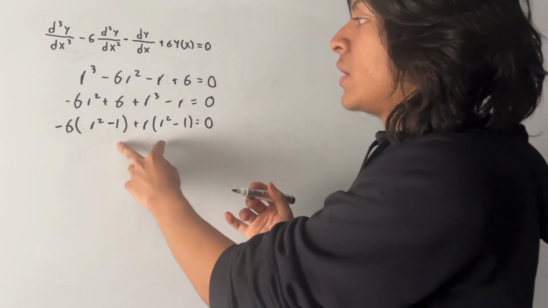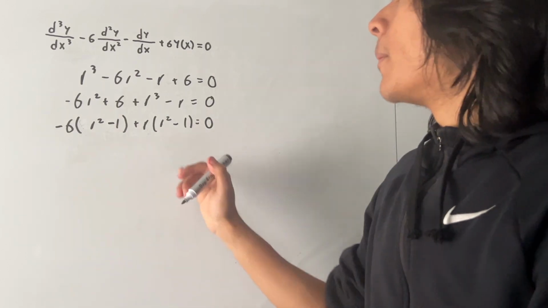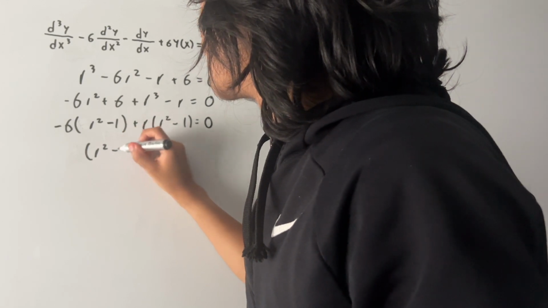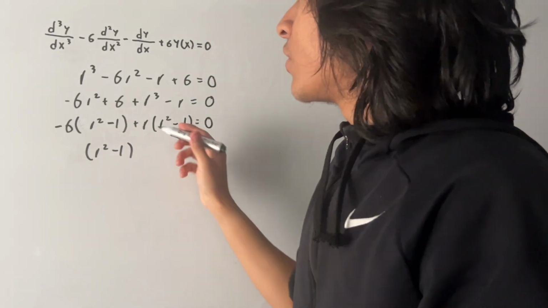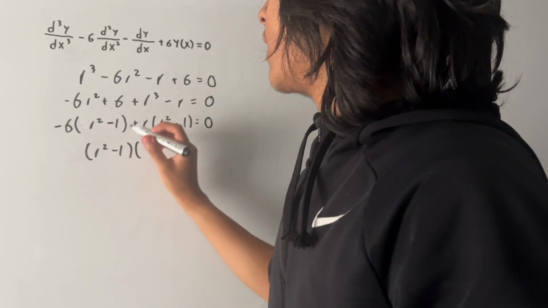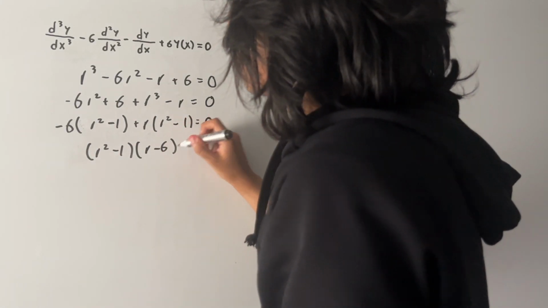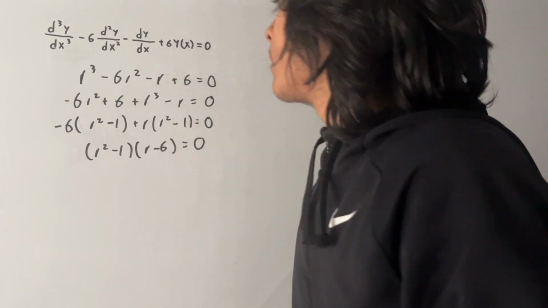So here, you could just write it like this. So now we have r squared minus 1. So that's our first part. Then we have r minus 6 is equal to 0.